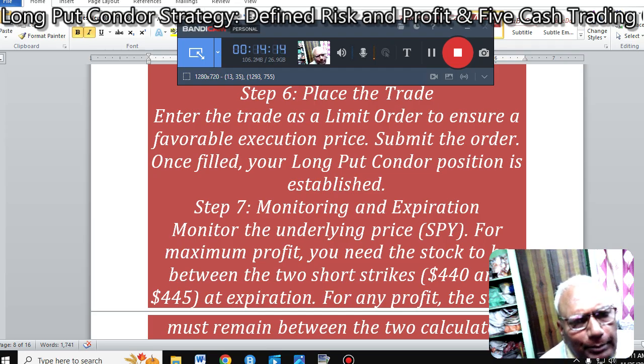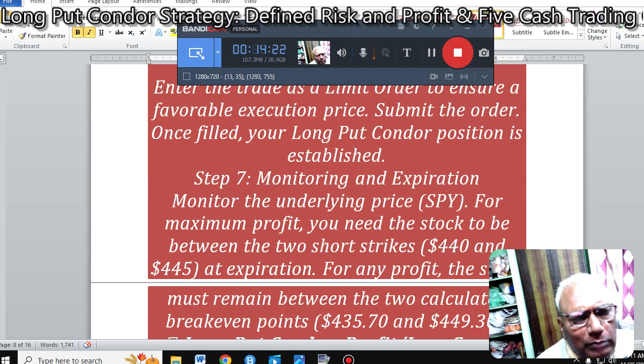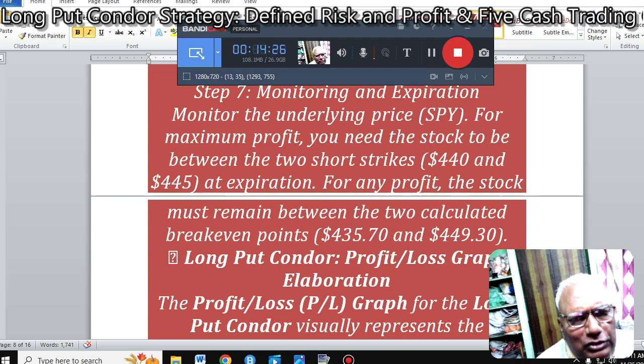Step 7. Monitoring and expiration. Monitor the underlying price, SPY. For maximum profit, you need the stock to be between the two short strike prices, that is $440 and $445 at expiration.